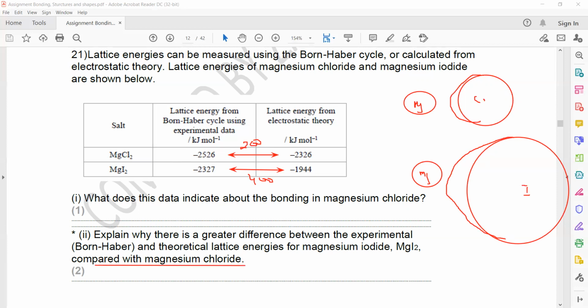What is the reason why there is a difference? The first thing you should mention is that the iodide ion is larger than the chloride ion, so it is easily distorted.